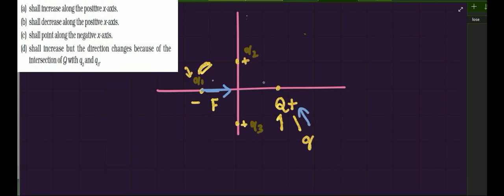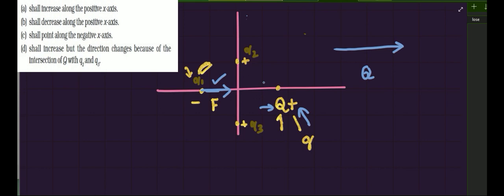This anyway was towards the positive x-axis, and the new Q will attract it further. So the resultant force will increase in the positive x-axis due to introduction of positive Q.